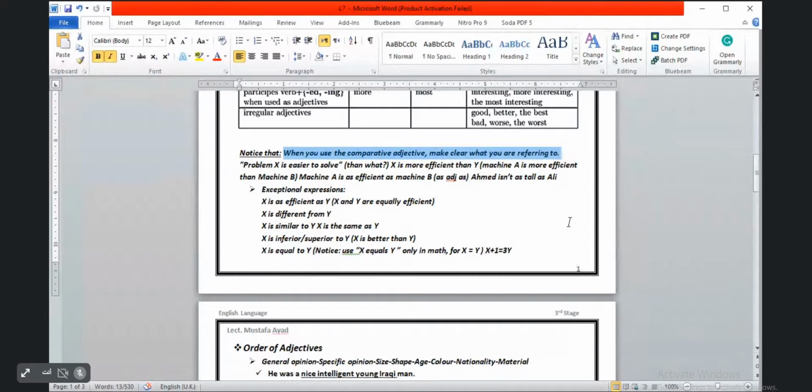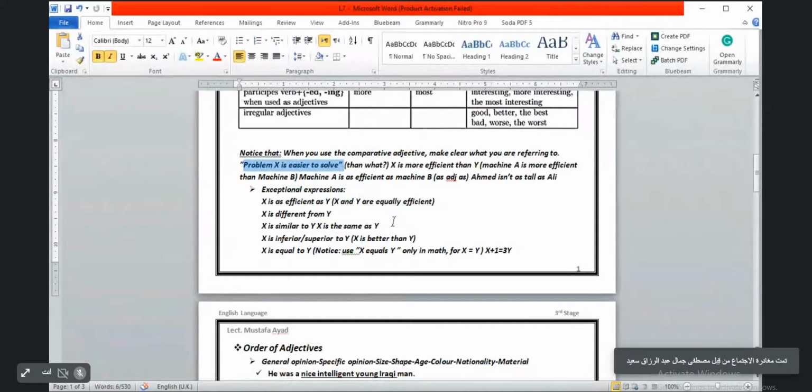For example, problem X is easier to solve. Okay, it's easier than what? But when you use a comparative adjective, you should mention the other party.